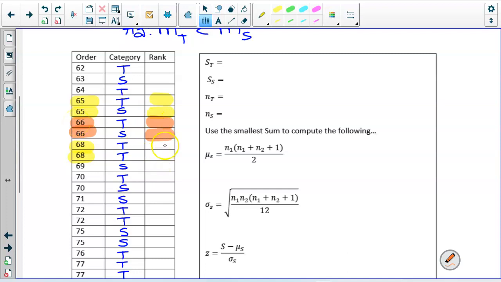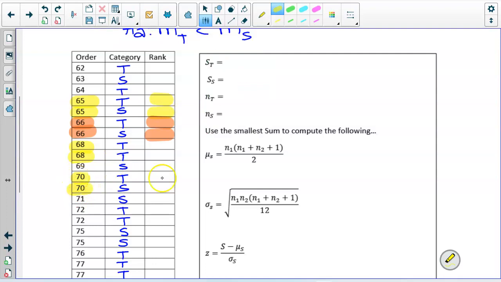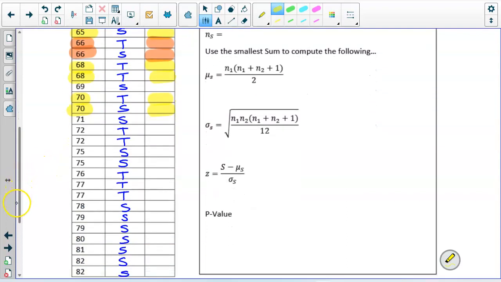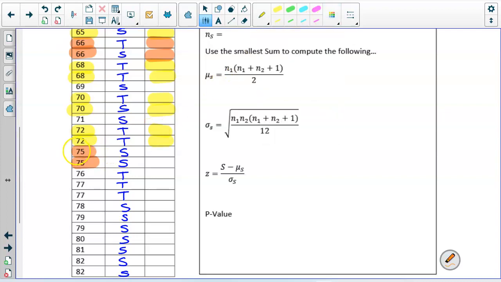You don't have to do that. That's just a me thing to help my brain. And then it happens again down here. There it is. Yeah, the 72 and the 75s. So again, I switched colors because I didn't want to accidentally add all those ranks together.